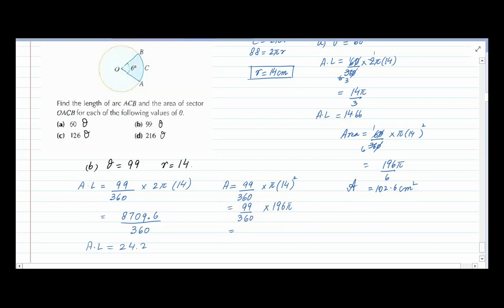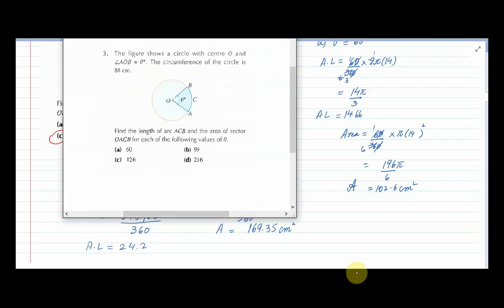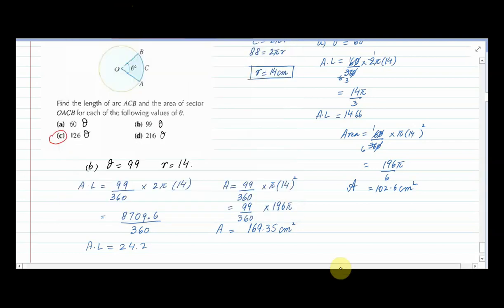So solve it. 99 times 196 times 3.142 divided by 360. It's 169.35 centimeter square, that is area, right? So part C, you need to do it as your homework.